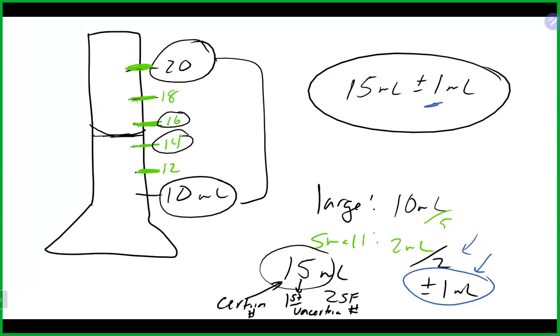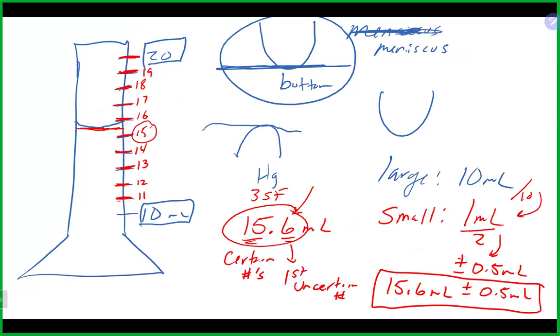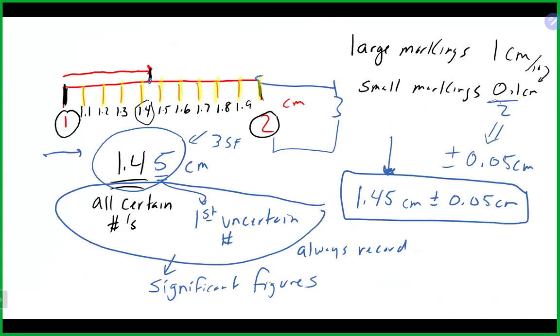That is a whole number. That is where we should take our reading to. If we look back on this one, that is the first decimal place. That is exactly where we should take our reading to. And if you come back to this one, that is 2 decimal places. That's exactly where we could take our reading to.